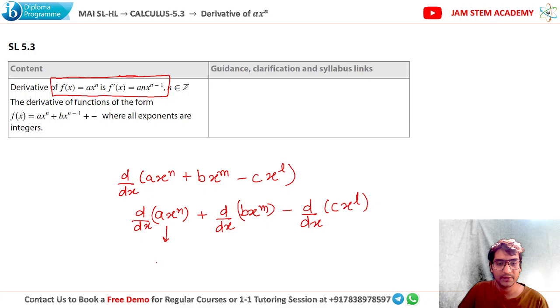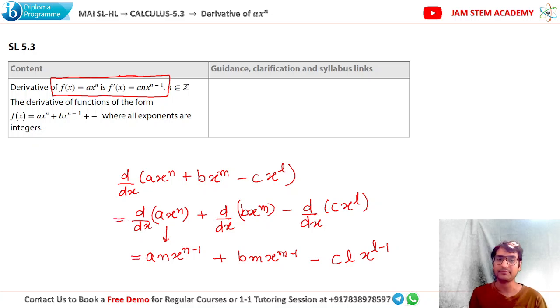This gives me a n x raised to the power n minus 1, then plus sign as it is, b m times x raised to the power m minus 1, minus c l times x raised to the power l minus 1. That's how we calculate the derivative.